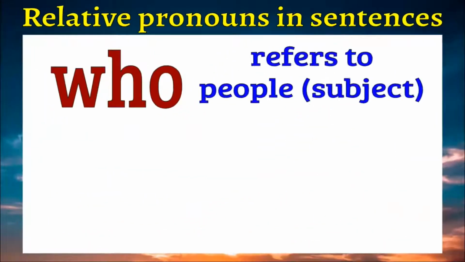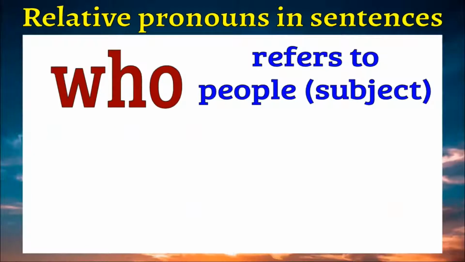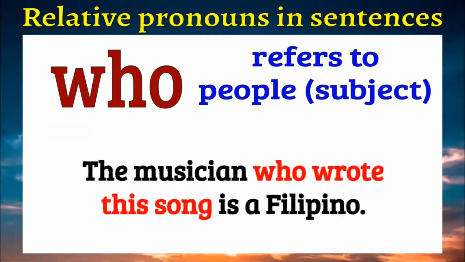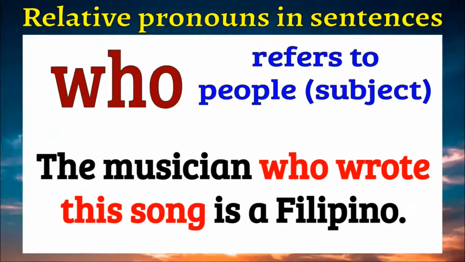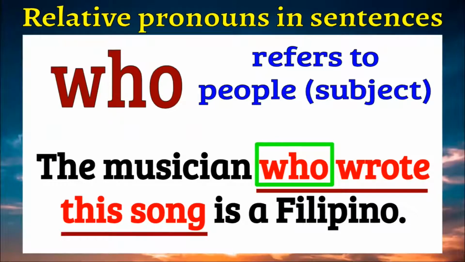Who. It refers to people, the subject of the sentence. For example, the musician who wrote this song is a Filipino. The relative pronoun is who. The relative clause is who wrote this song. Who refers to musician.